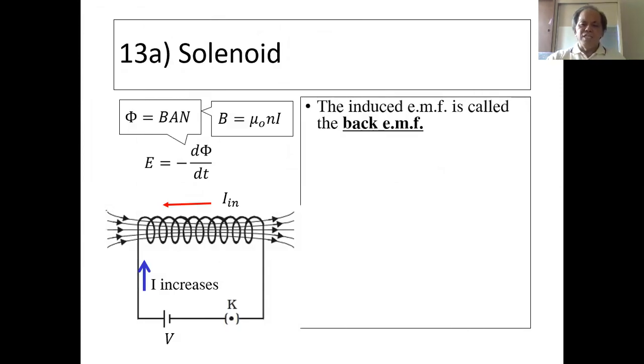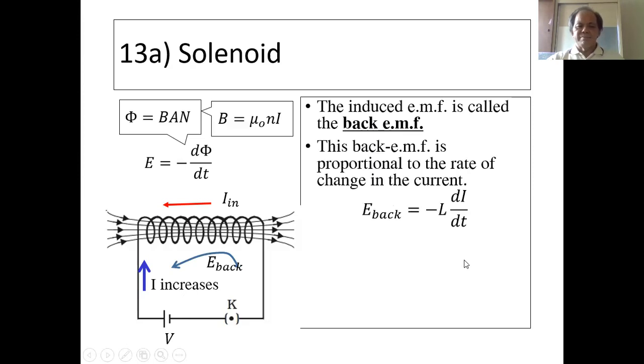We call the induced EMF back EMF because it opposes the direct EMF of the battery. That's the direction, same as the induced current. Back EMF is proportional to the rate of change of current, and there's a constant L there.